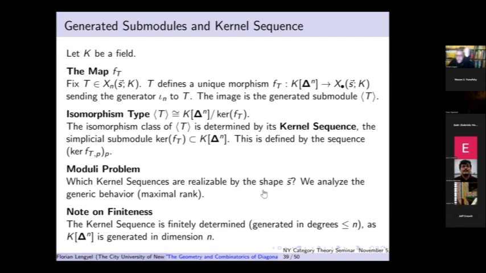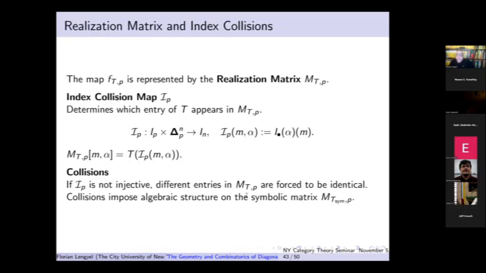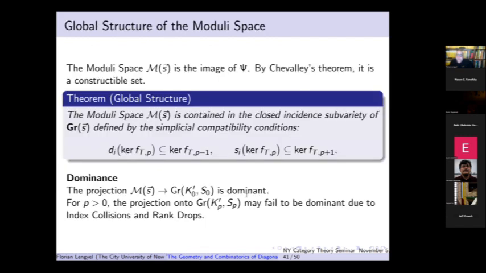So I wanted to know the generic behavior of this. So there is such a thing as the generic rank. I have to explain that. And that's going to be less than the rank of something called a collision map.